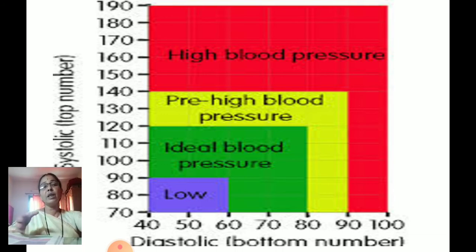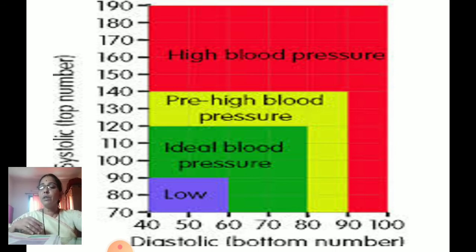It is written there in your textbook also. There is a paragraph on blood pressure, you refer to that. So high blood pressure will go above 120 or 139, and low blood pressure will go below 80, as well as below 120.